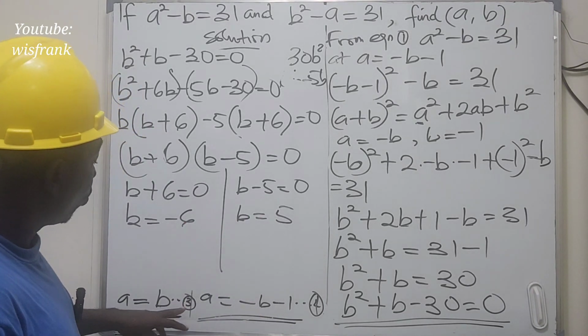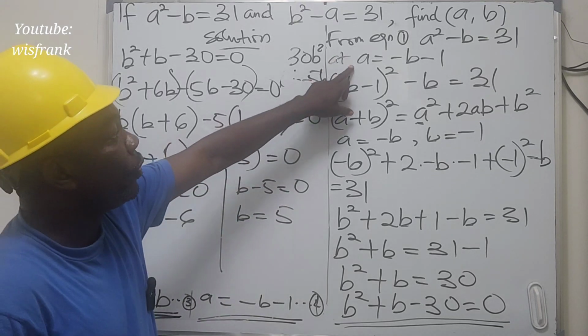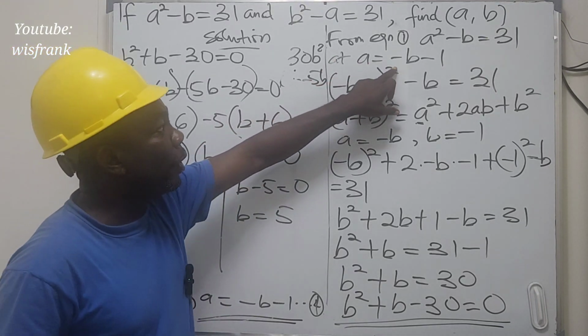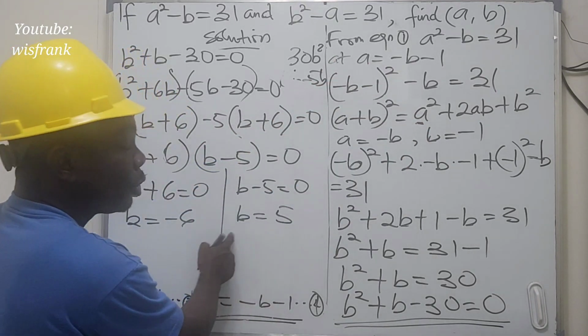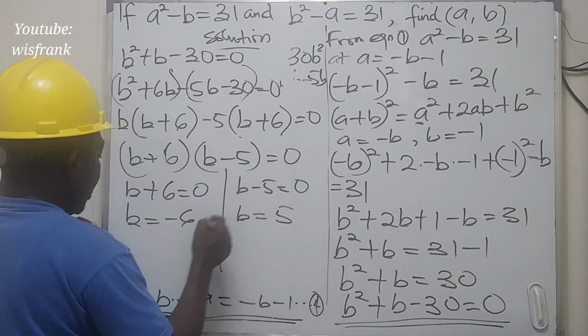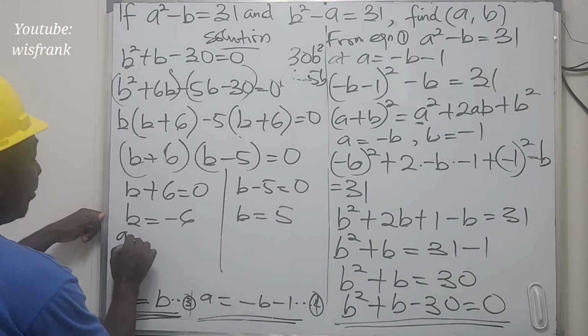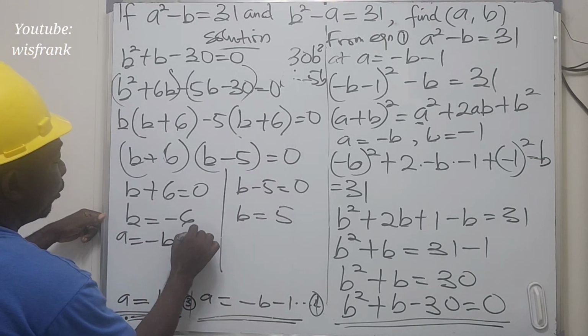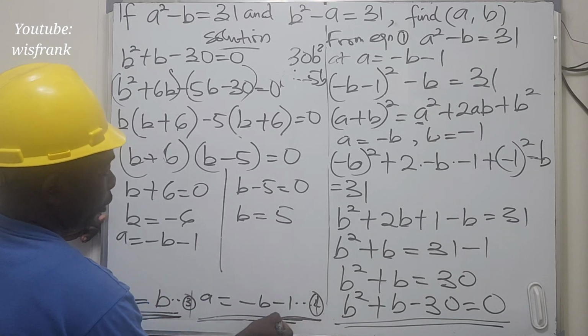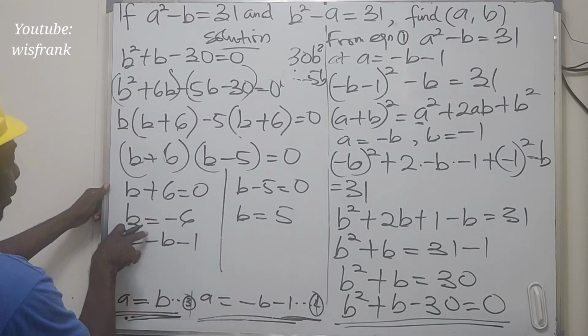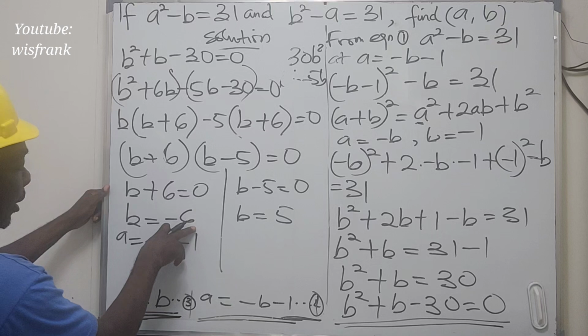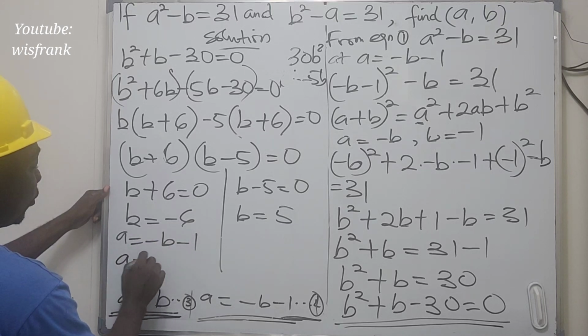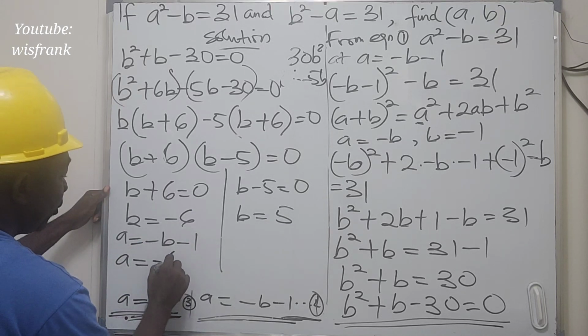Recall that we're using a equals to minus b minus 1. So substituting this for us to find the value of a. So we have a equals to minus b minus 1. That is from equation 4. So here will become the value of b equals to minus 6. So our value of a will be equals to, this is minus into minus 6.